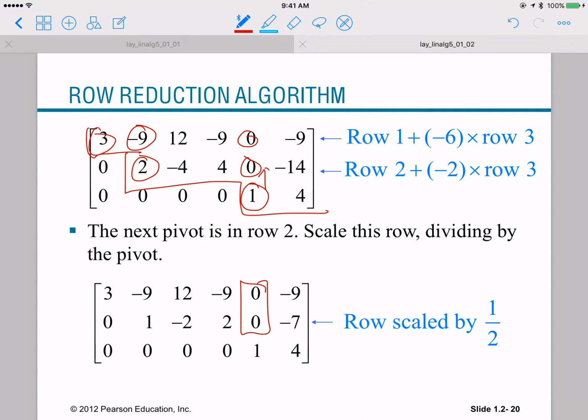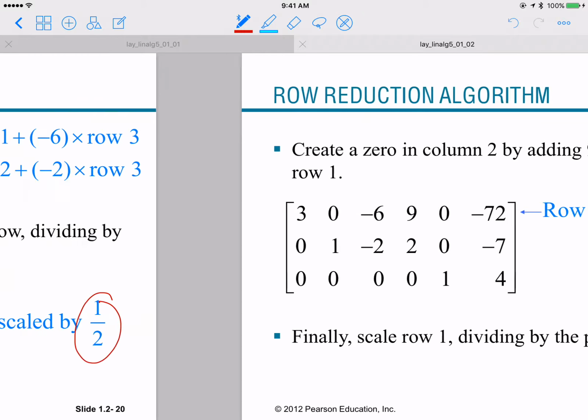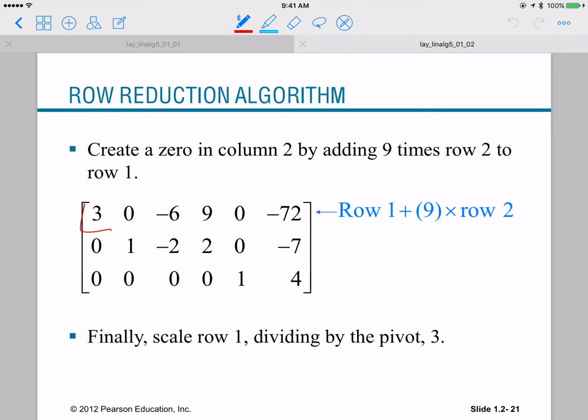So we created 2 zeros, and then go back to this leading entry or pivot, but here in this case we see 2, not 1. So we first scale it by half so that we create it as 1, and then for this we look above, and then we create it as 0.